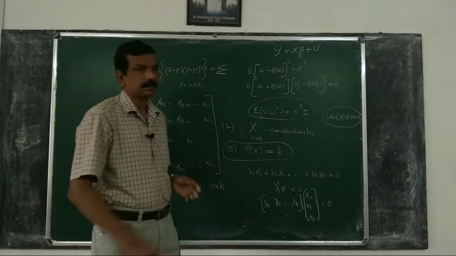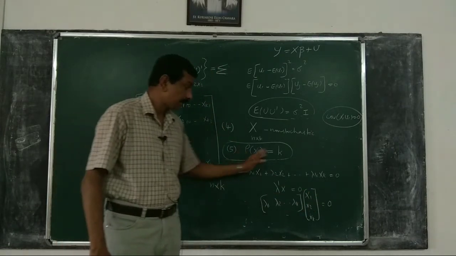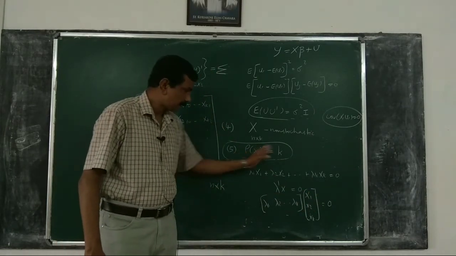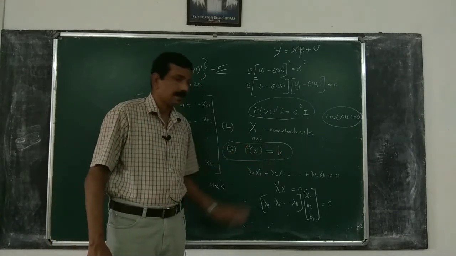It is a scalar 0, not a null vector. So this assumption is very important. Rank of x is equal to k. And the importance of this assumption will be discussed later.